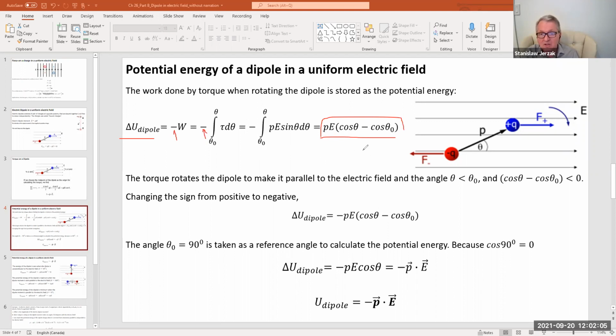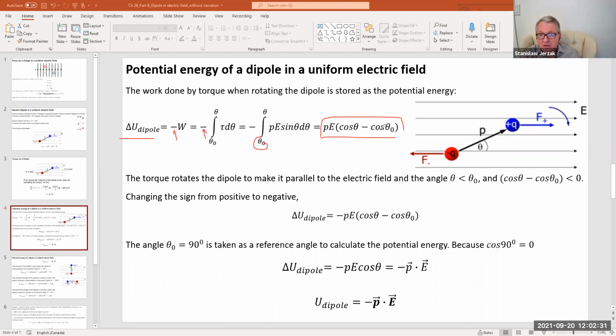Okay, if you don't have any questions, then if the dipole is rotated such that, remember, the torque will be acting to reduce the angle. So if the initial orientation of the dipole relative to the electric field was given by this angle theta naught, then theta naught is larger than theta, because the torque rotates the dipole to reduce the angle.